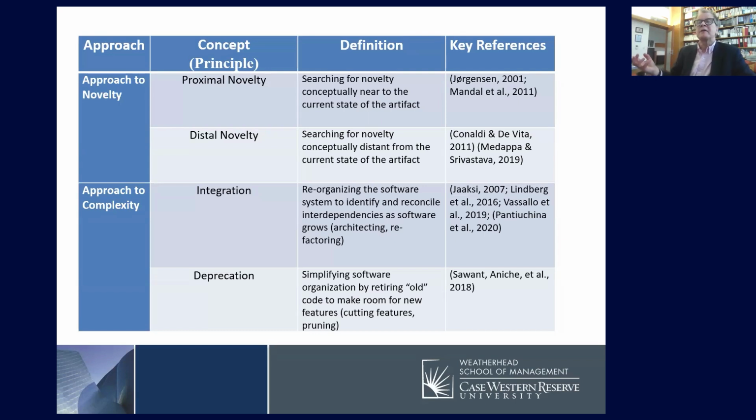So it was largely driven by the fact that they wanted to maintain backwards compatibility, so that they wouldn't lose any users or impose additional strain or effort on the users if their way of using the software was no longer compatible with the new version. But then we saw other situations where there was deprecation, where some software communities said that we are going to retire old code and certain features or certain APIs to make room for new features. We cut features, we prune them as we move along. And that's one way of addressing the complexity.